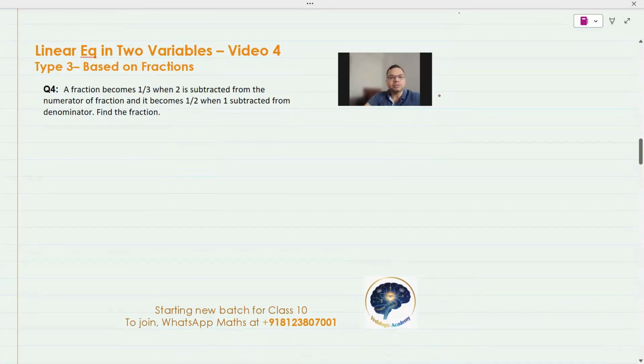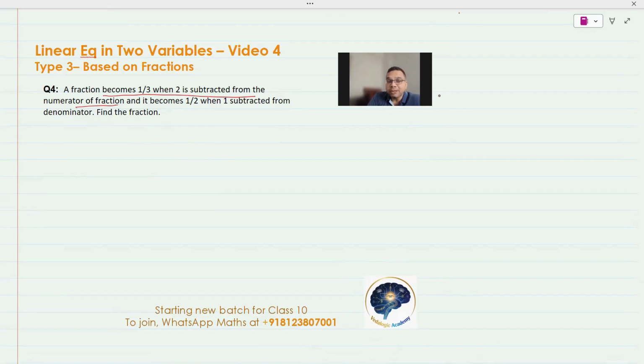Okay. So the third type that we are going to see is based on fractions. So we are going to create equations in two variables based upon the fractions, and then we'll solve it. So let's see. A fraction becomes 1 by 3 when 2 is subtracted from the numerator of the fraction. Okay.